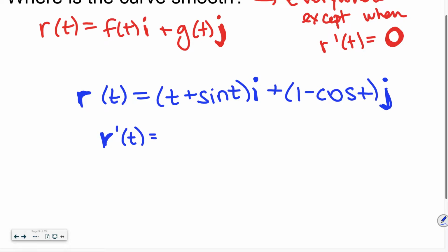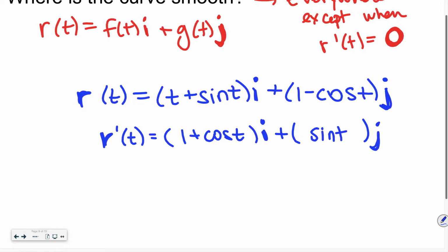Okay, so our derivative. What's the derivative of our horizontal component? Okay. Plus, what's the derivative of our vertical component? Ah, that's nice. Okay. So, when does this equal 0?